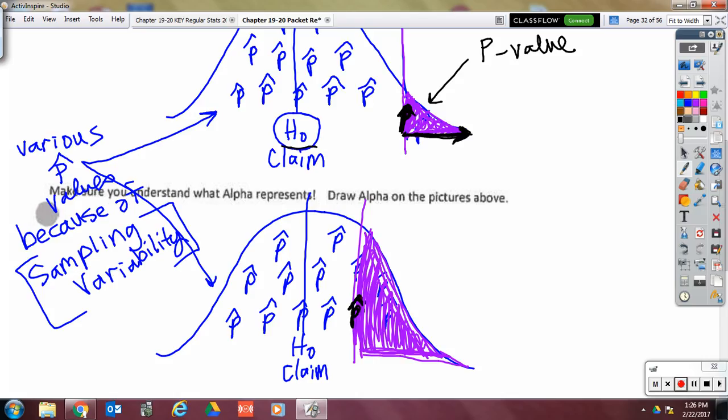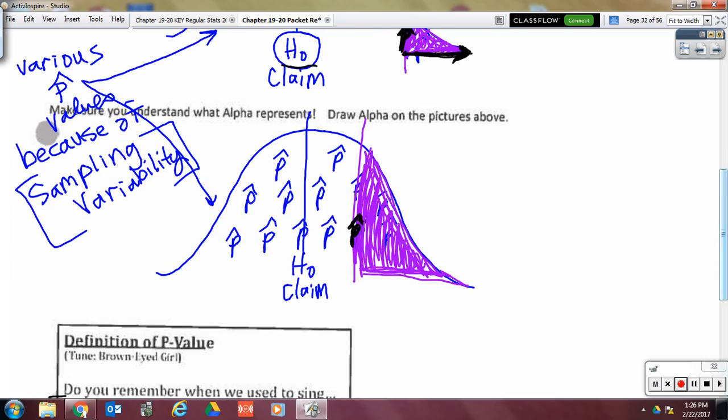So this one is not a very unusual sample. This second one that I drew down here is not a very unusual sample because it's close to the null hypothesis. Okay, so again, here is our p-value, which is the probability of getting this sample or something more extreme if the null is true.